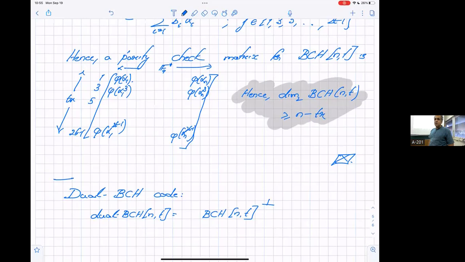Two Reed-Solomon codes, one over F2 to the power R1 and one over F2 to the power R2, and I take the intersection in F2. How do I know that this BCH code will always be the same? Notice the evaluation points are different. One is 2 to the power R1 minus 1, the other is 2 to the power R2 minus 1. So what you are stating is that I will only evaluate both of them on this multiplicative subgroup. Then you happen to get the same BCH. That's right.